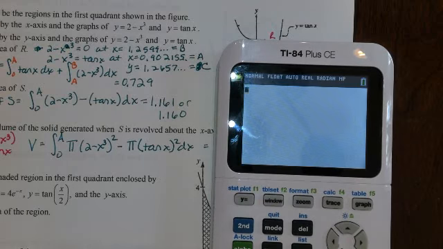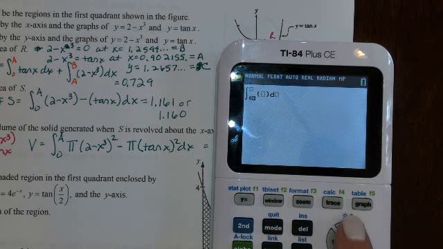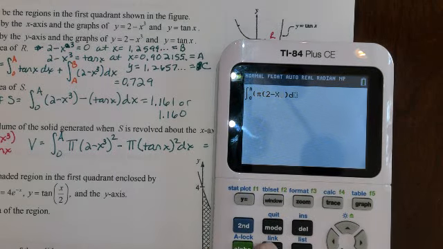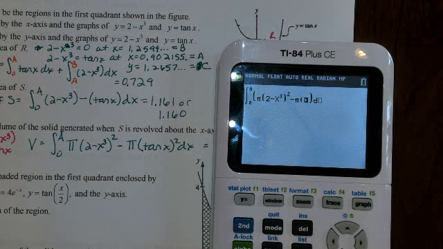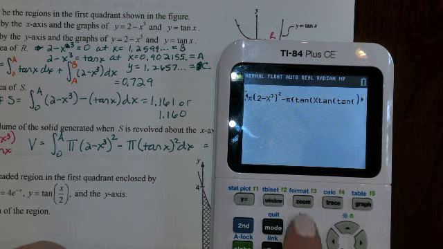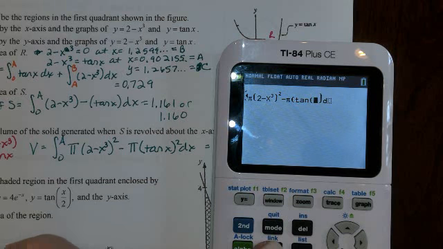Back to our calculator. Math 9, 0 to a, pi times our big R, I should have put in y1 there, squared minus pi times our little r, oops, I will get this.